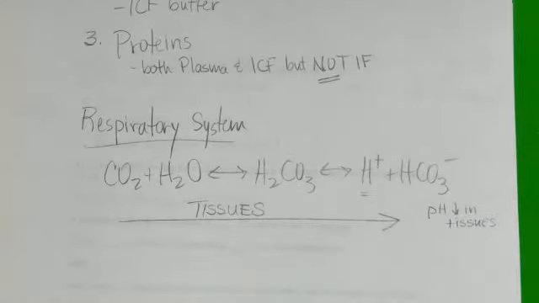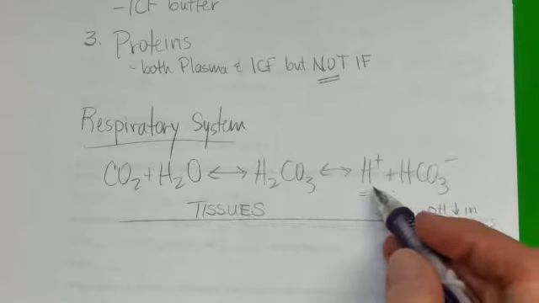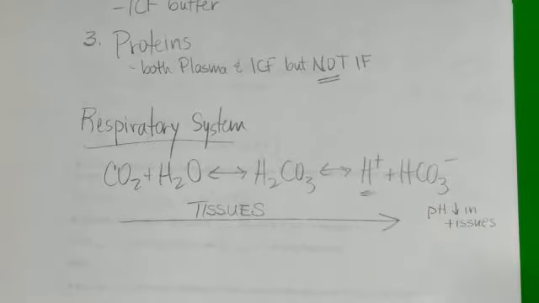Now let's think about when I would need more hydrogen ions, when I would need a drop in pH. I need it when something bad is going on and my pH is too high.